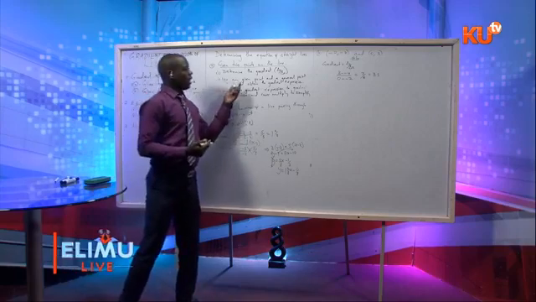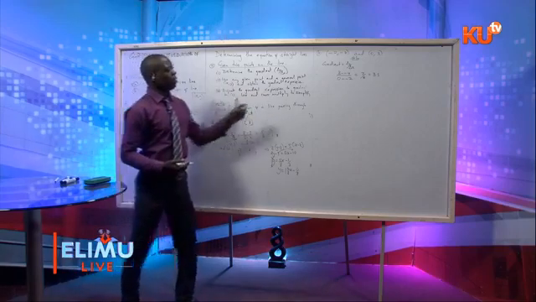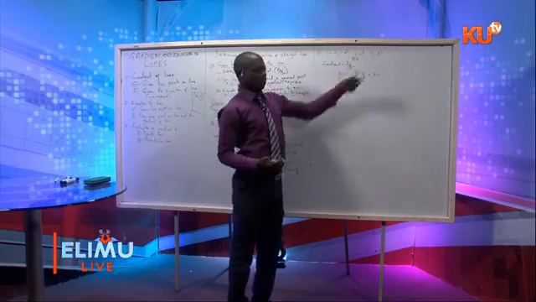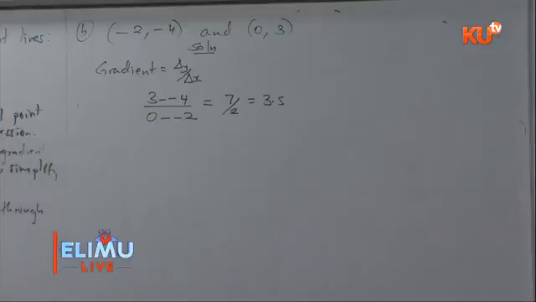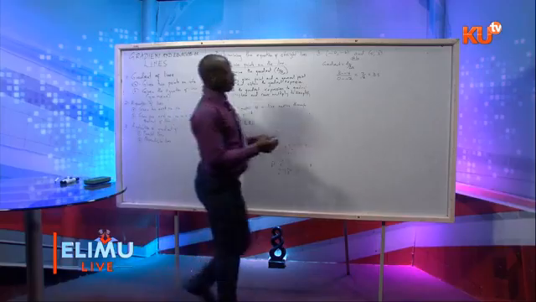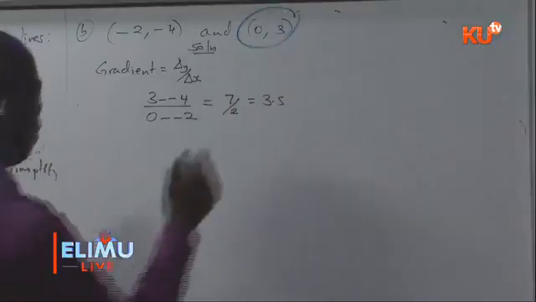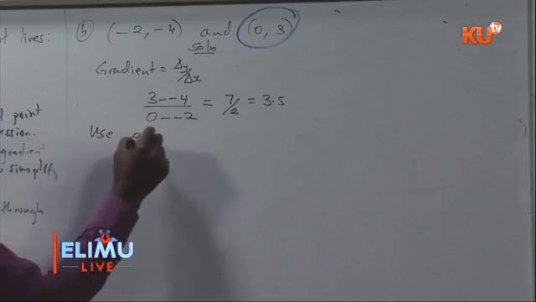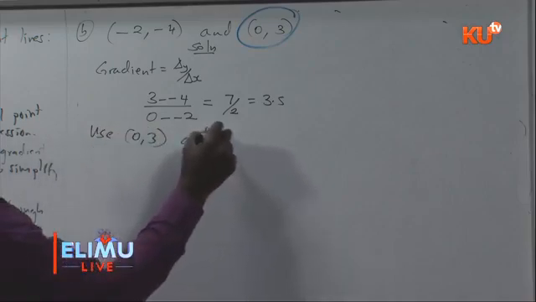Number 2, use any given point. And from these 2 points, we can either decide to use this point or this point. So in the first example, I used the first point. Let me try now use this second point. So we now use the point 0, 3 and x, y.